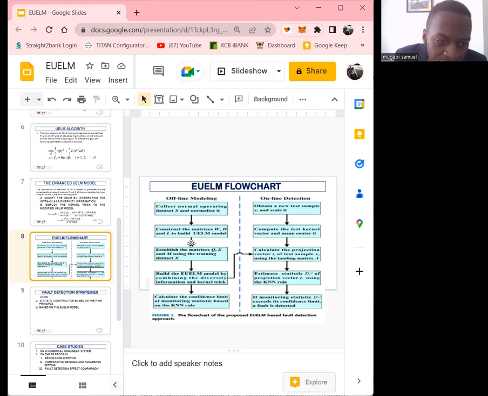After establishing the training matrices, build an enhanced unsupervised extreme learning method model by combining the diversity information and kernel tricks. Then from there, calculate the projection, estimate the statistic, and finally this is what I would like to interest you in mainly. If the monitoring statistic exceeds the confidence limit, then a fault is detected by the model.